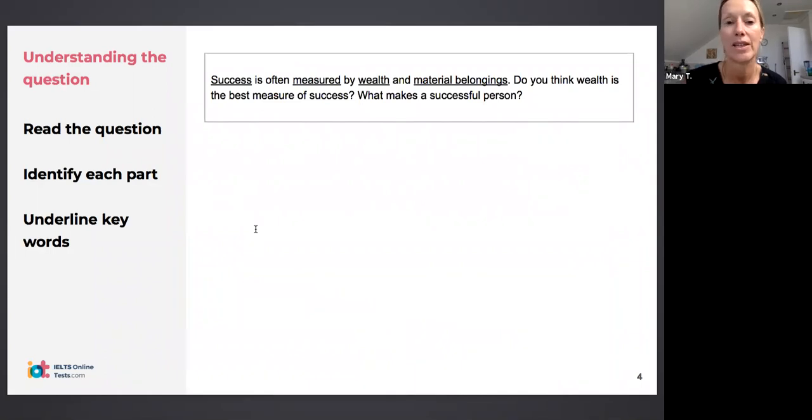Good. And then the first question: best measure of success. Yes, good. So wealth and the best measure of success. Almost all of that contains keywords. And then the last question.